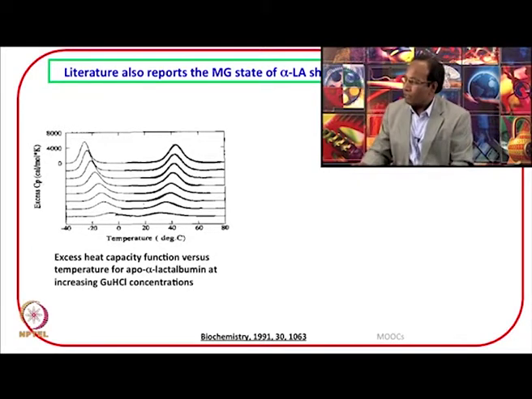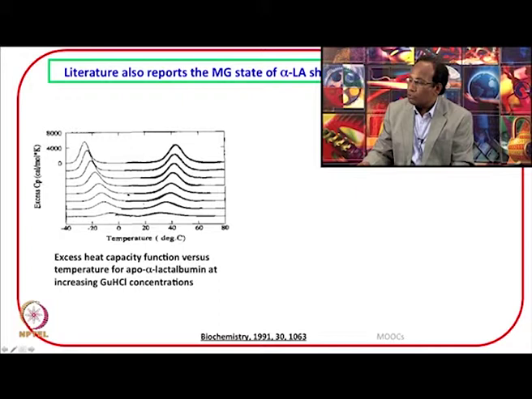Let us take a look at the figure. When the concentration of guanidinium hydrochloride is increased in solution, please take a look at how the area under the curve decreases, and there is even a left hand side shift in the transition temperature.